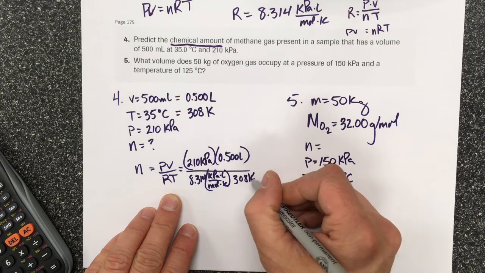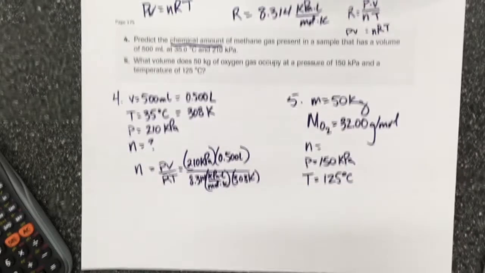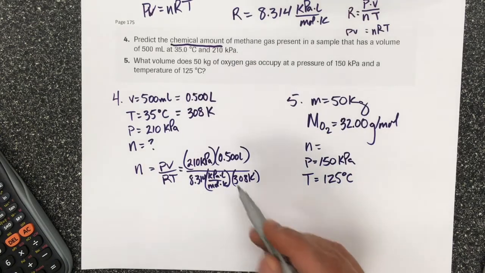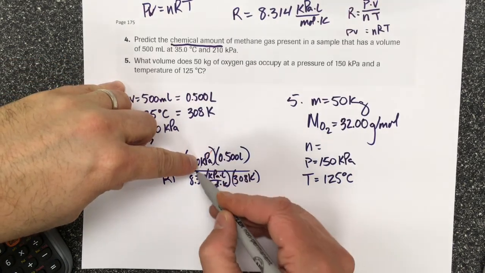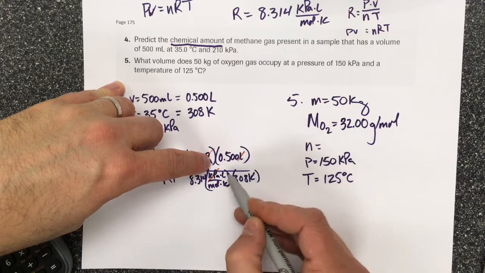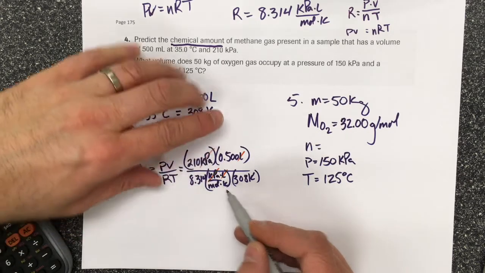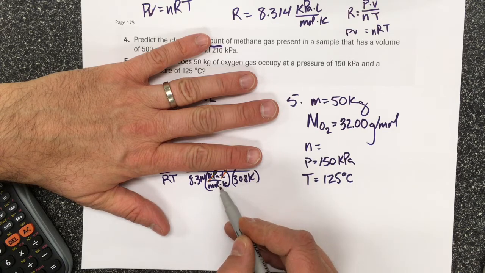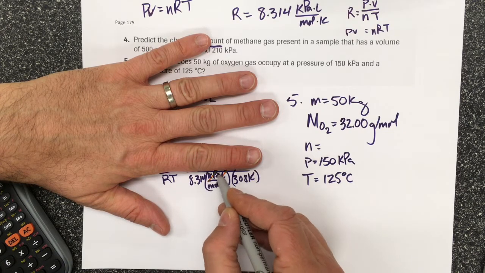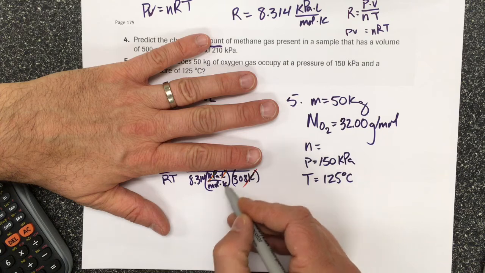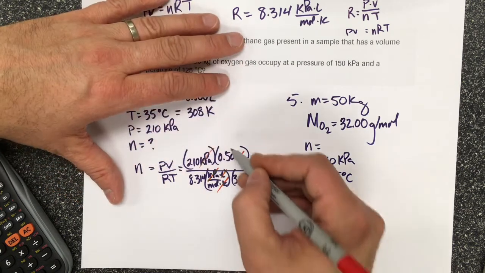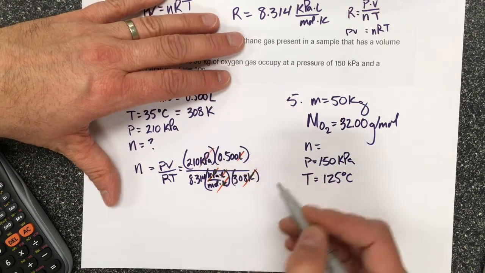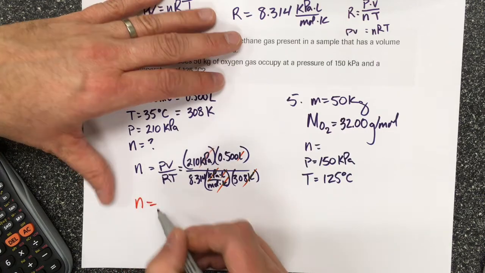Just a side note, I'm always showing all my units because I like the cancellation. So I have kPa divided by kPa and liters divided by liters. I have Kelvin times mole per Kelvin here, so the Kelvin is 1 over mole per Kelvin, so the Kelvins also cancel out.